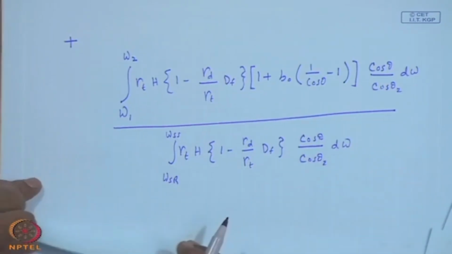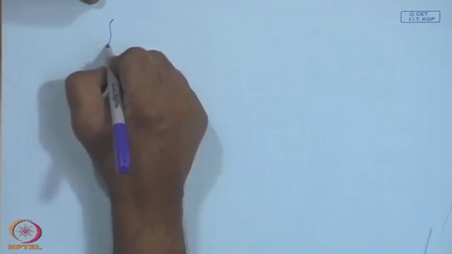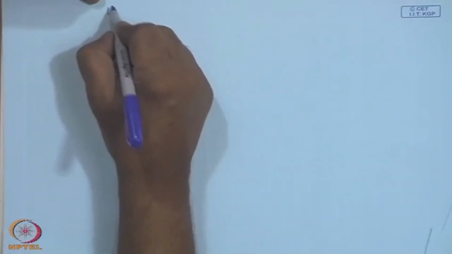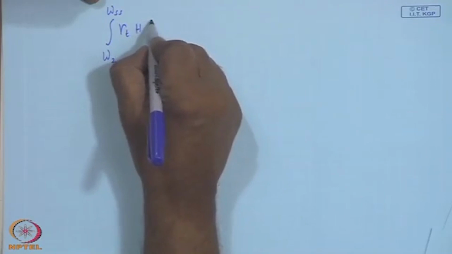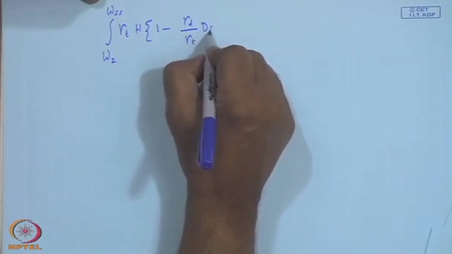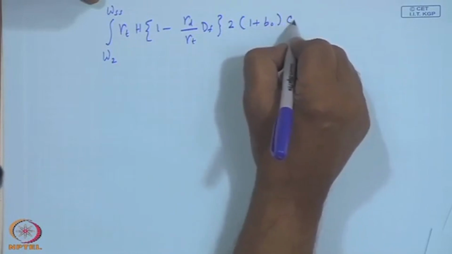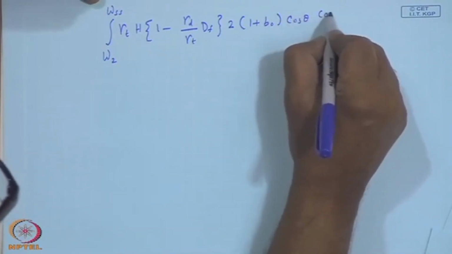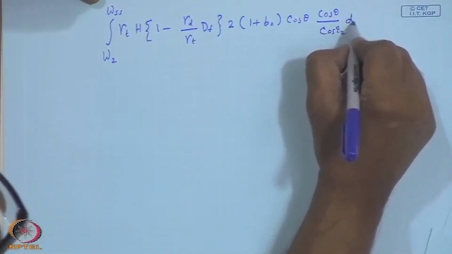Plus omega 2 to omega SS of R_T into H, 1 minus R_d by R_T into d f, again 2 into 1 plus b 0 into cos theta, times cos theta by cos theta z d omega, by the same term.